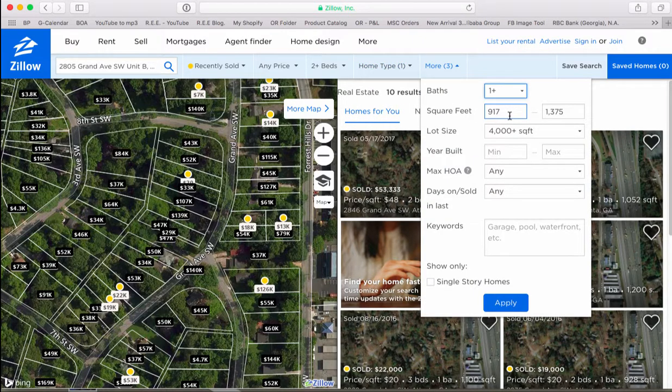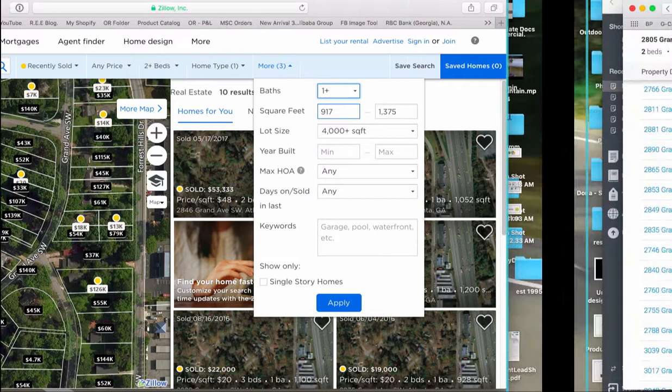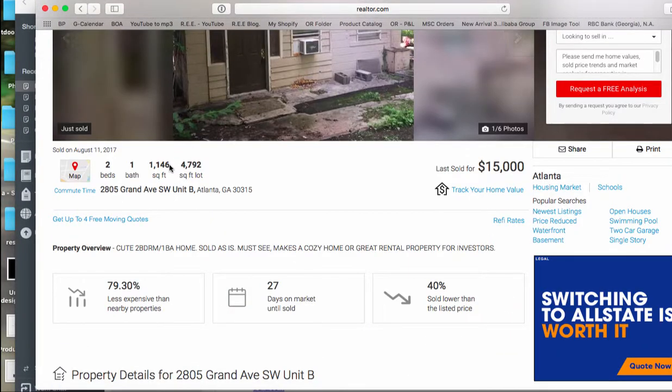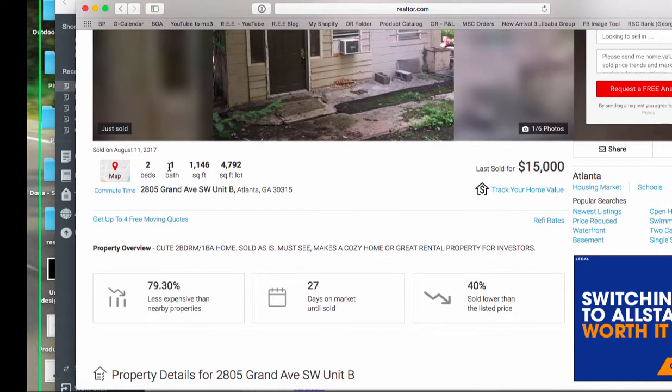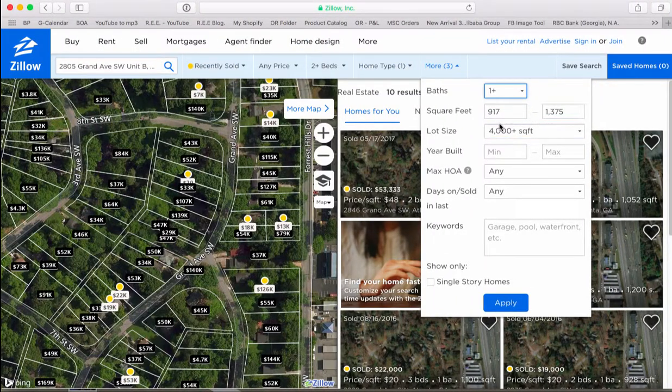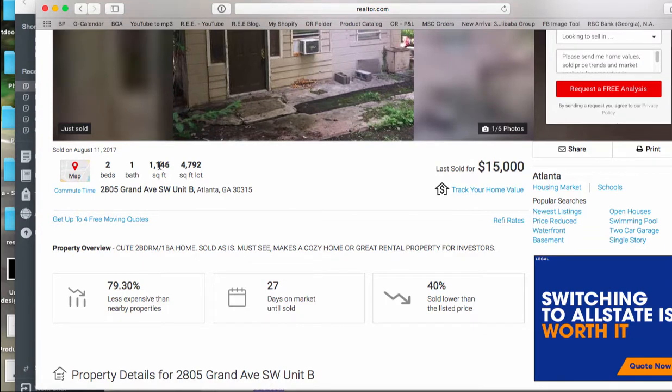And these are the important parts here. The reason I have these two windows open is that it'll be easier to flip back and forth. So the square footage is 1,146. Usually you want to pick the square footage that's plus or minus 20%. So you simply put 1146 in your calculator times 0.2, and that equals 229.